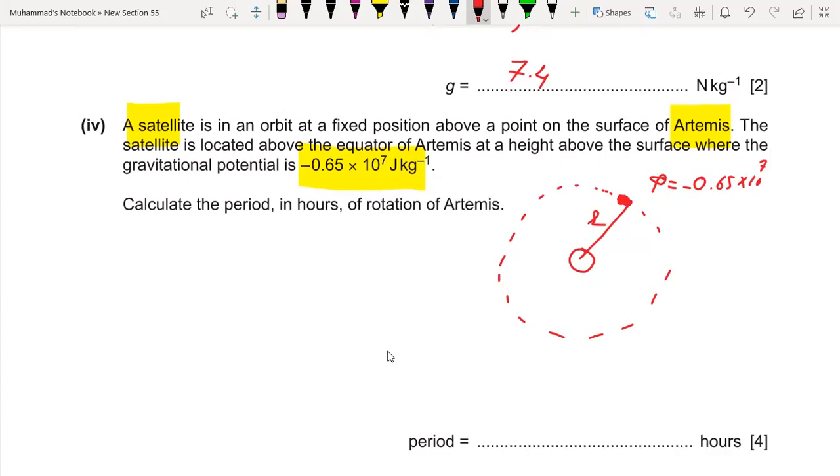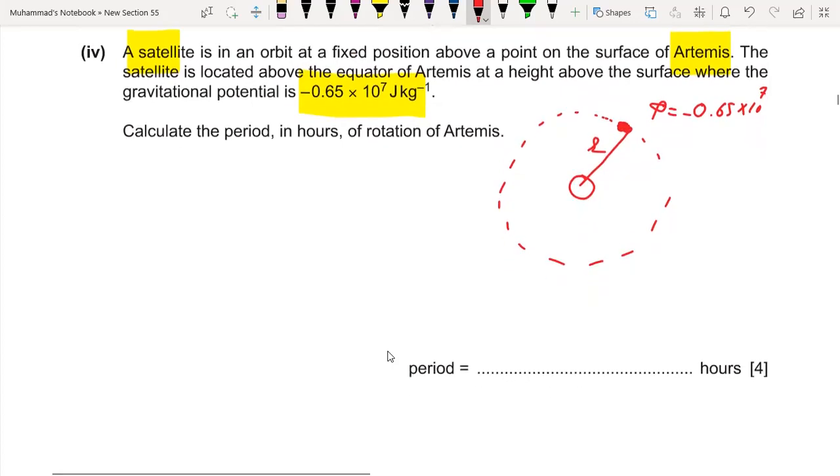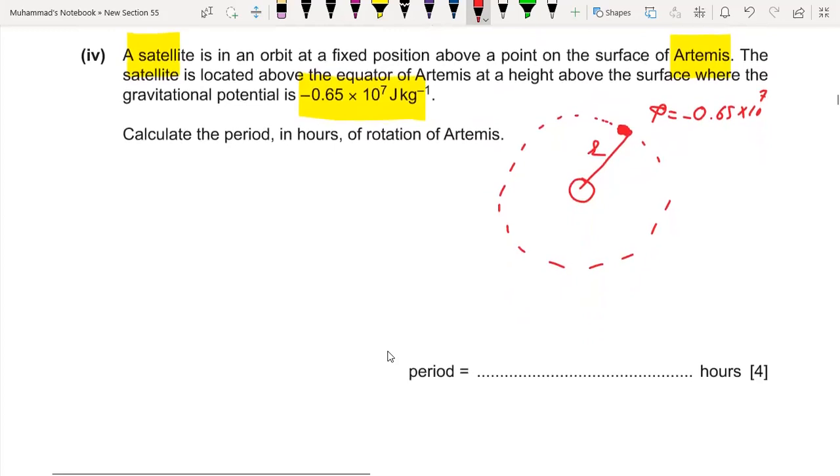So how do we find that? You know that the gravitational force here provides the centripetal force.